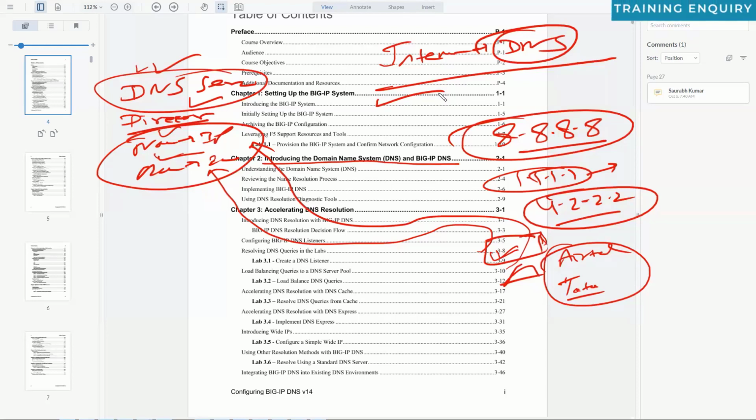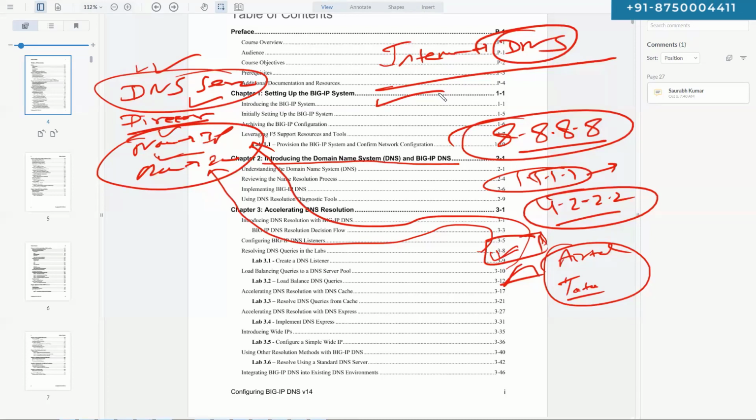Correct. If there is no entry or no response found in the host file, then only it will go to the DNS server, right? And if the DNS server is not available, not reachable, or never responded back, then you are going nowhere. Correct. You would not be able to access the application you are trying to access.